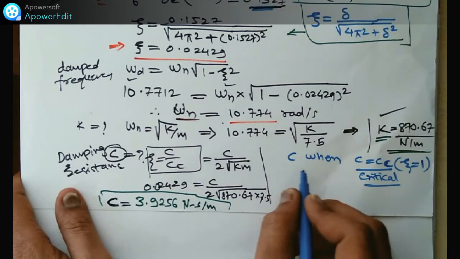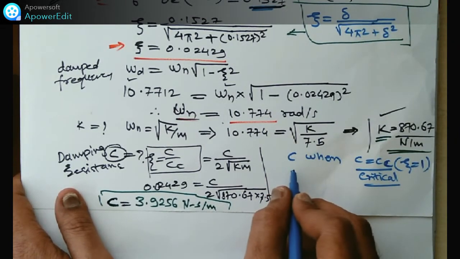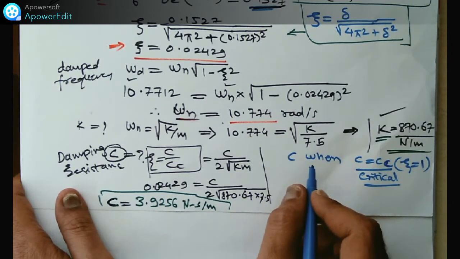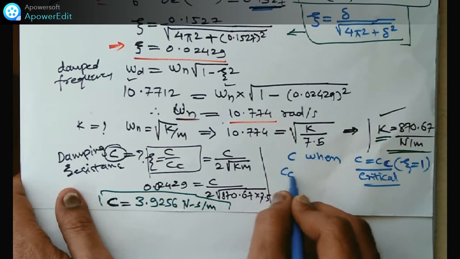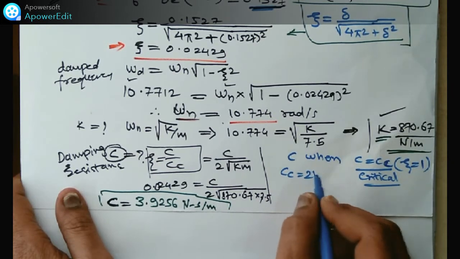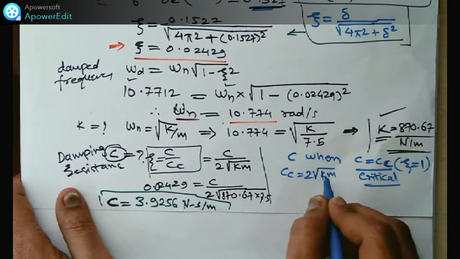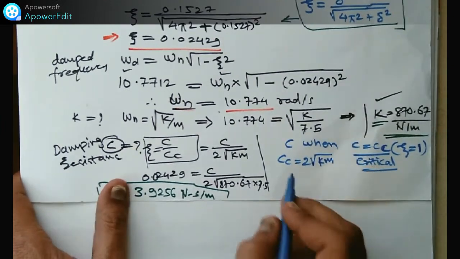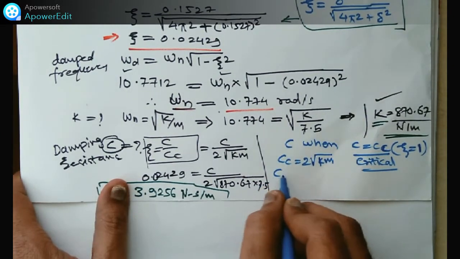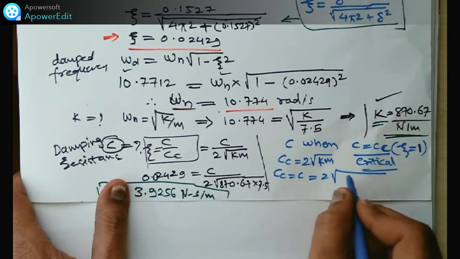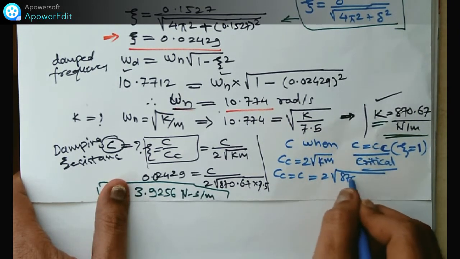So we know this formula for Cc is 2 into under root of K into m. This is the formula for Cc. So as Cc is equal to C, so 2 into under root of 870.67 into 7.5, this is under root. So what is the value of C then?